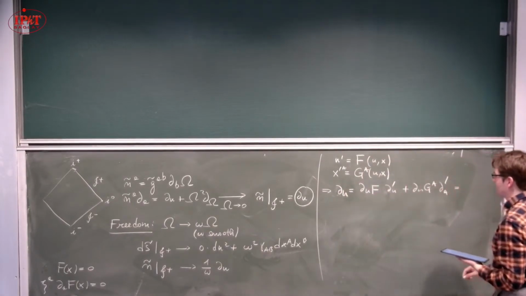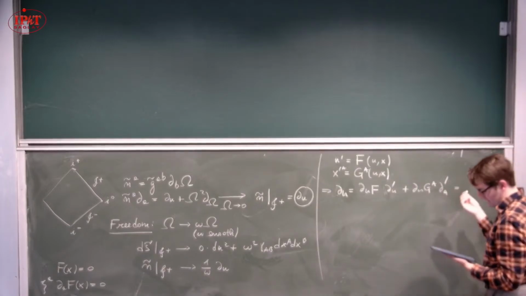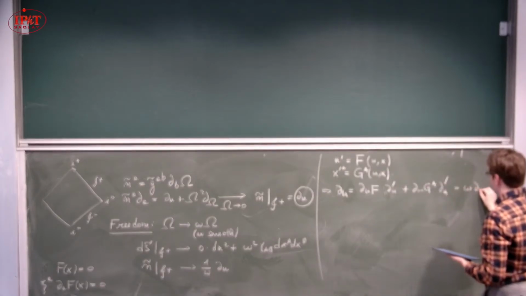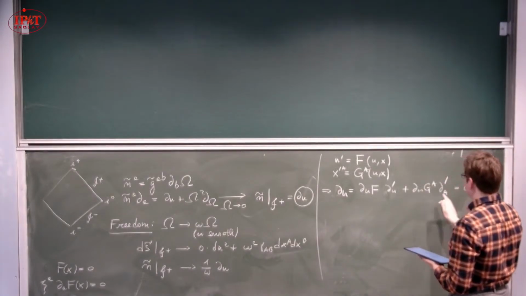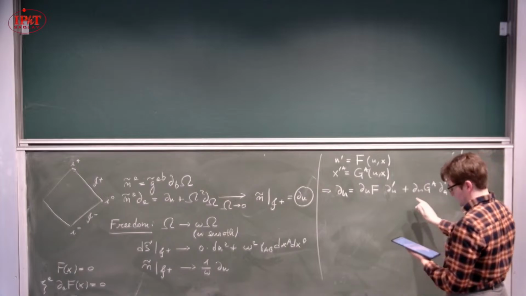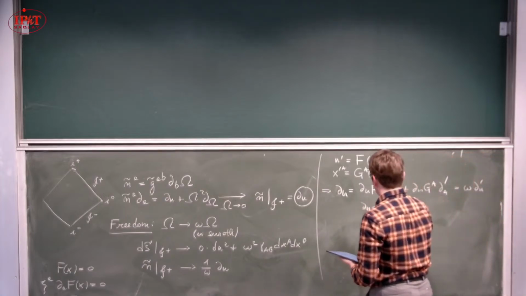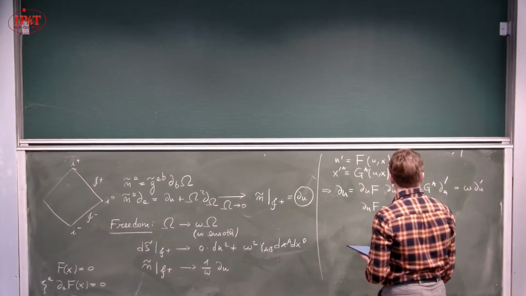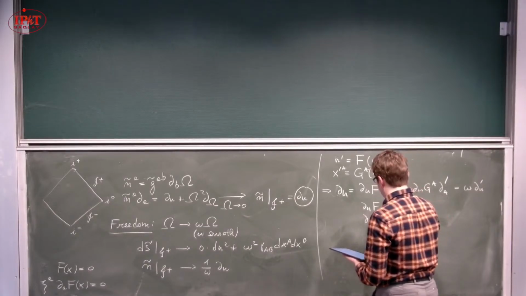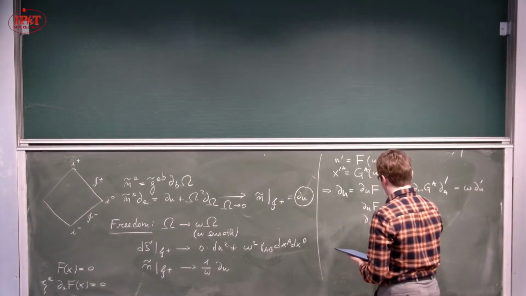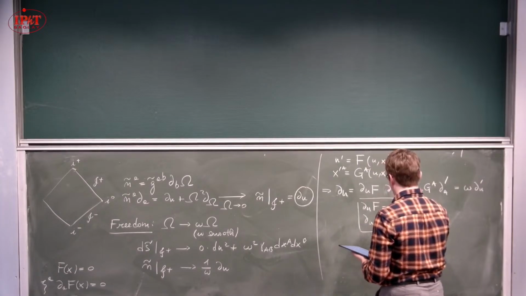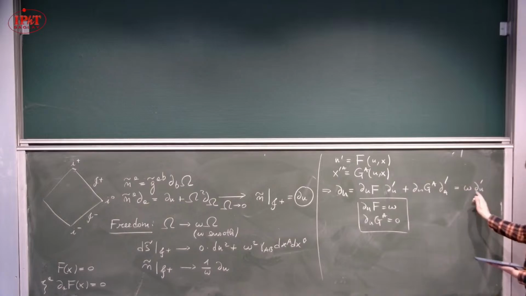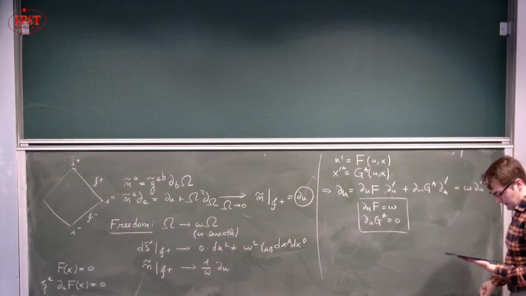Okay, that makes more sense. And now from here we can read off that du of f should be equal to omega, and du of g prime should be 0, just comparing the independent directions.